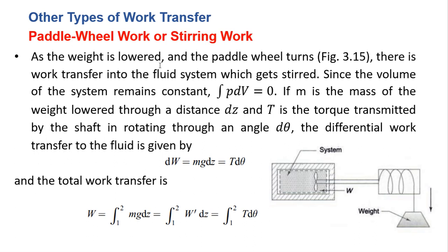We are considering the mass as the weight, and there is a datum and a vertical distance dz. So the equation seems like a potential energy equation, and we correlate it with the torque. Torque is applied in the shaft of the stirrer, and angular velocity is also there. Fine, so that's all about this lecture.